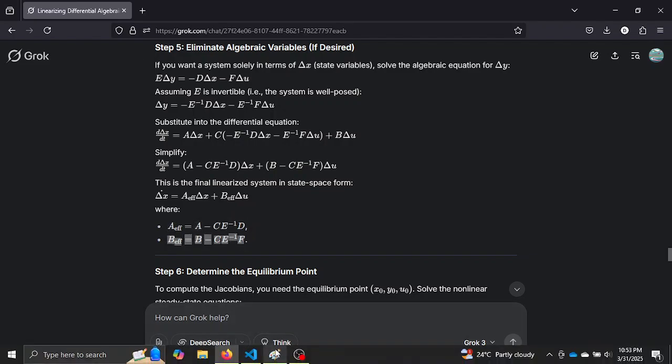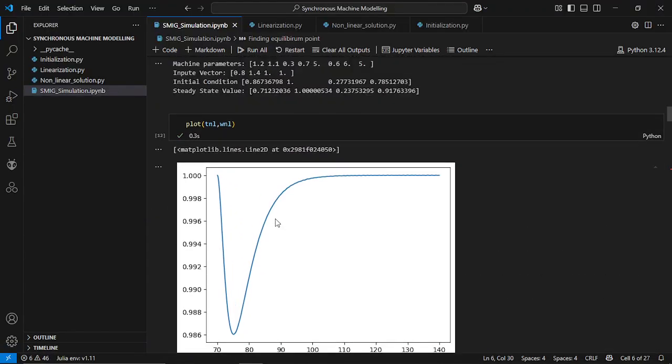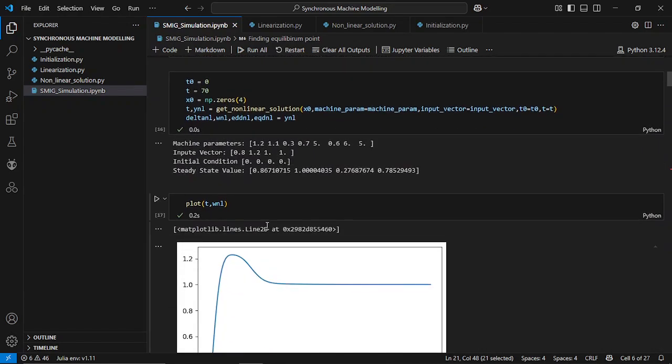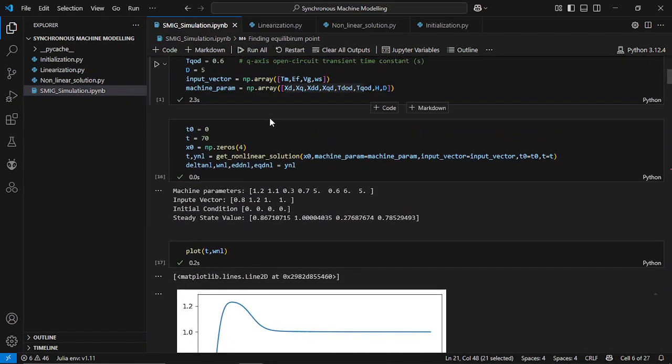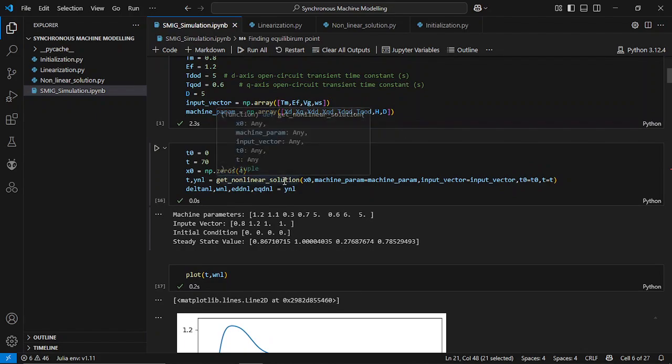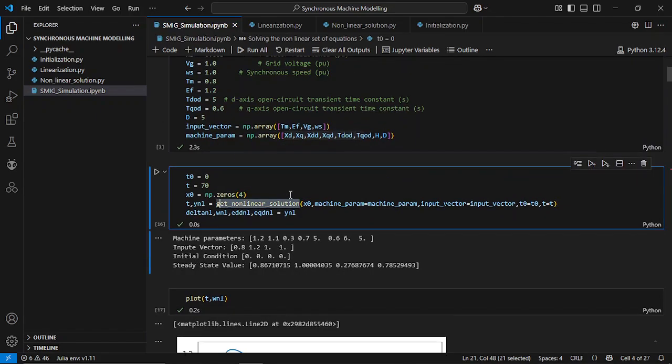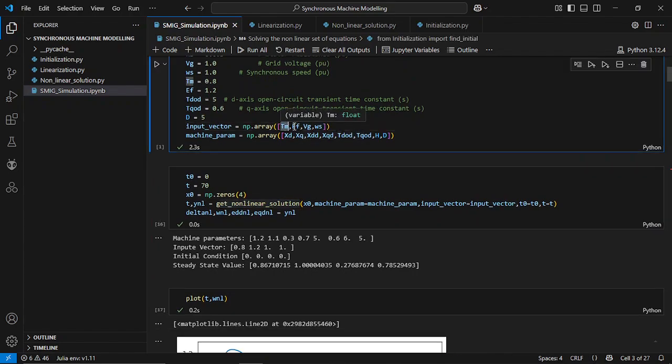So in programming, first, these are the machine parameters, and in the previous video I just solved the nonlinear solution. Currently the mechanical torque is 0.8, the field is 1.2 pu, the grid voltage is 1, and the synchronous speed is 1.